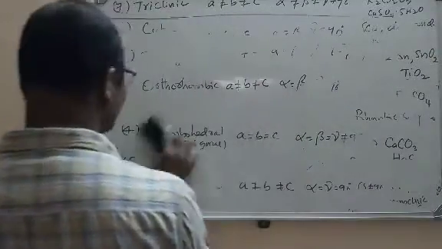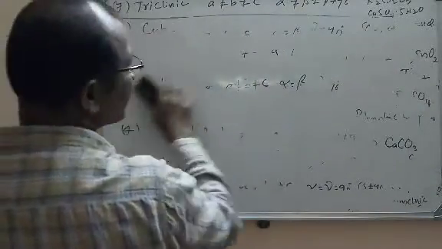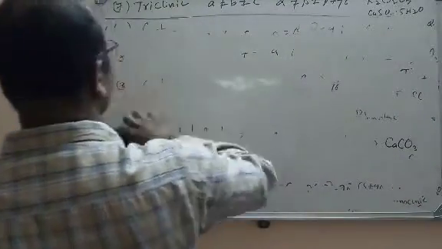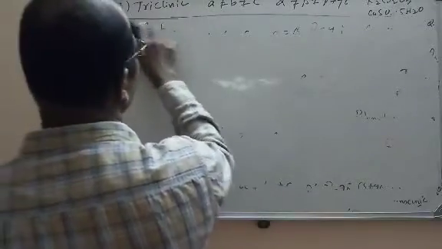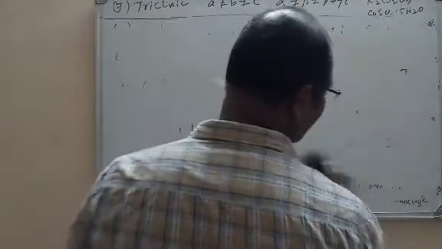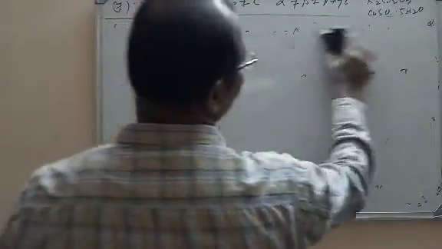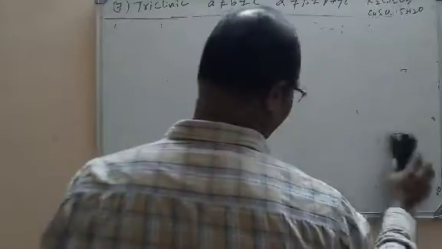What is a triclinic system? A triclinic system is where the three edge lengths are different, and also the three angles are different from 90, and those angles are unequal. Alpha, beta, gamma are not equal, and they are different from 90.